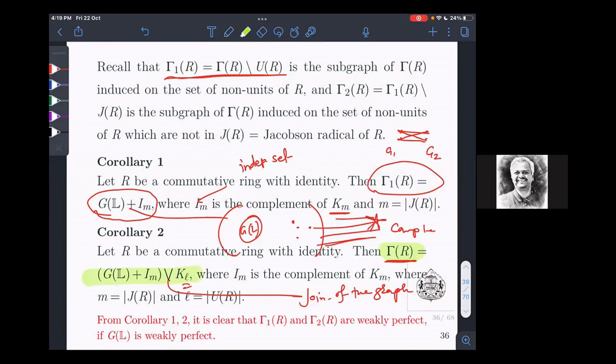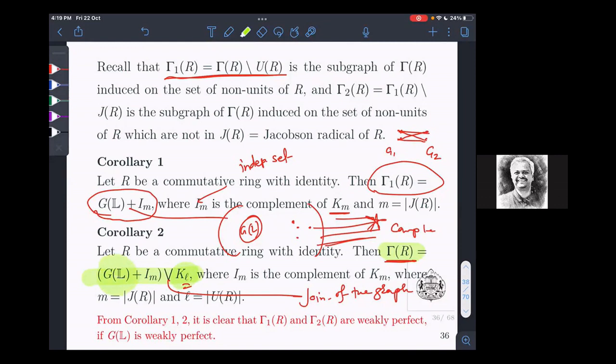Now, let us go back to the result by Sharma and Bhatodekar. It says that gamma R, the co-maximal graph, is weakly perfect. Naturally, the complete graph is in fact a perfect graph, therefore it is weakly perfect. Independent set, yes, it is weakly perfect. So I have to play with this only.